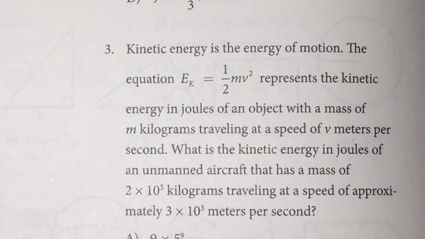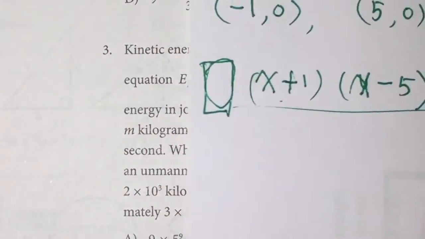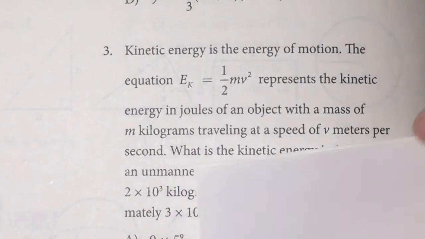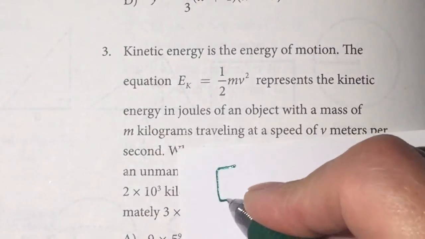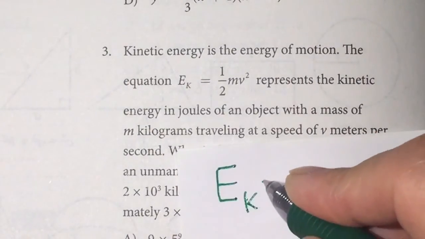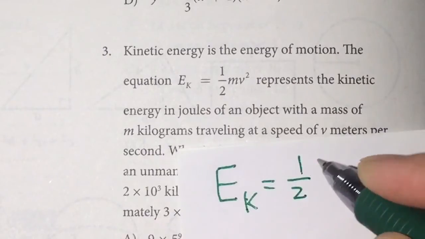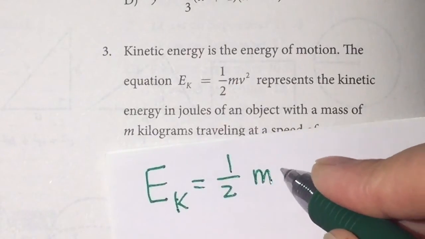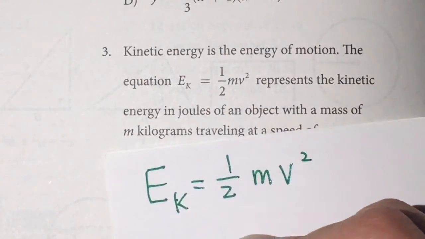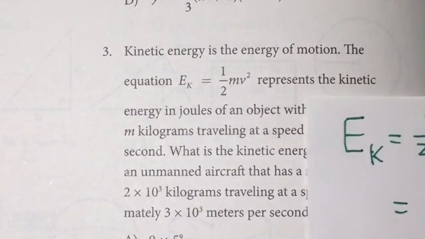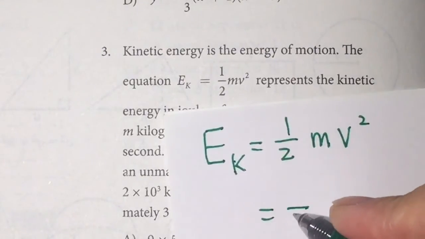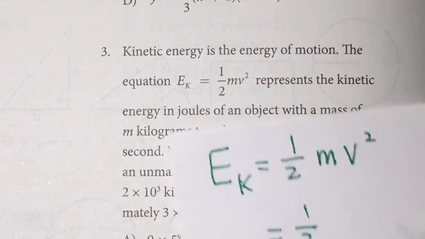Okay, so we know the function: kinetic energy E equals half of m v squared. We have everything given. Half, we copy the half.